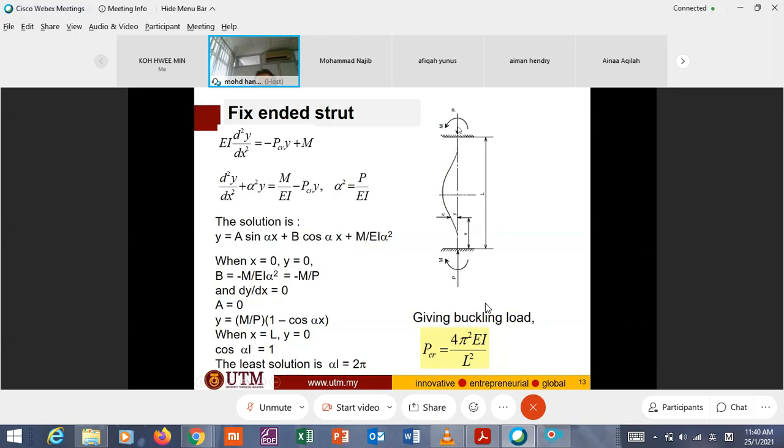So it will remain straight here, until at a certain point it starts to deform, to deflect. So this is the difference between pin connection and fixed connection.